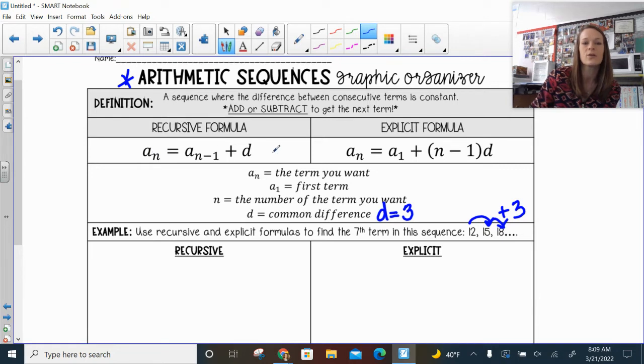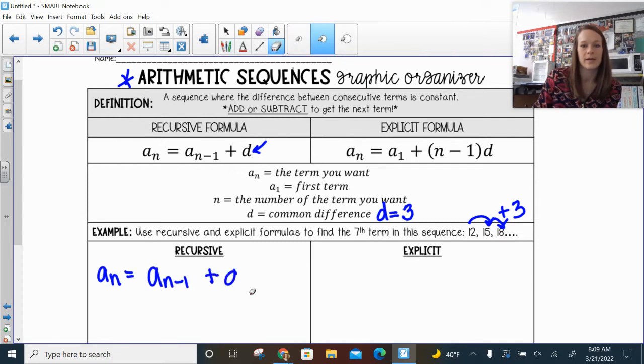The only thing you do is plug in your common difference. Okay, so when I go to write this formula, I'm going to write it just like this, with a 3 at the end. And this now tells me this is recursive and I'm adding 3, but you must also tell me what your first term is.